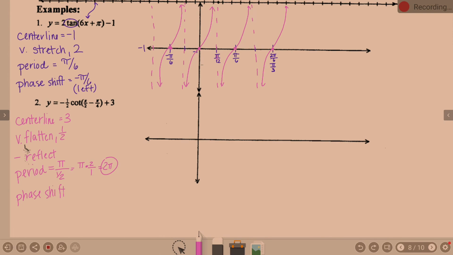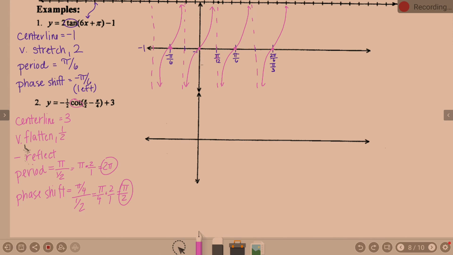Okay, phase shift is c over b, opposite the sign, so pi over 4 divided by 1/2 is pi over 4 multiplied by the reciprocal, pi over 4 times 2/1, which is 2 pi over 4, or pi over 2. It increases. We kind of skipped over the detail, which is fine.